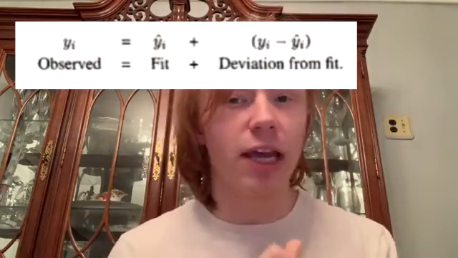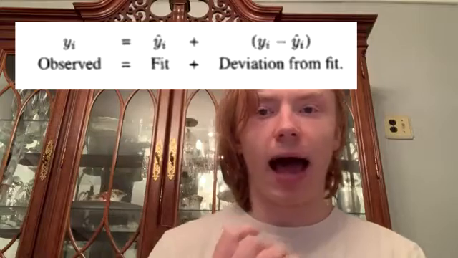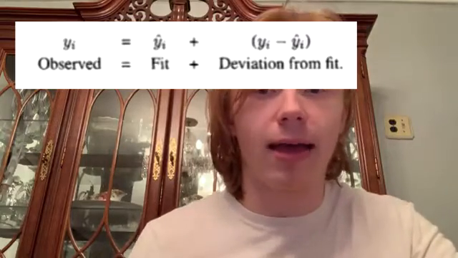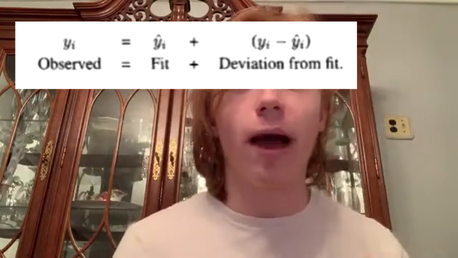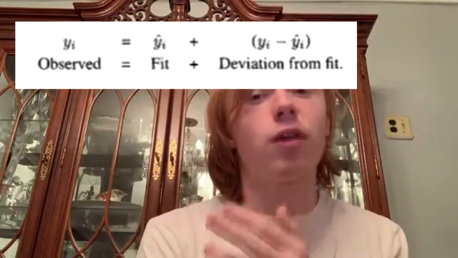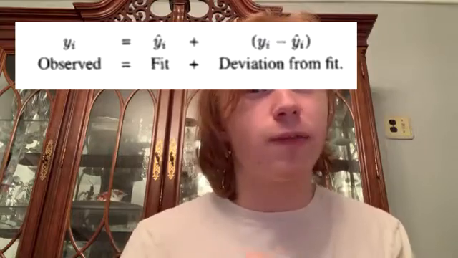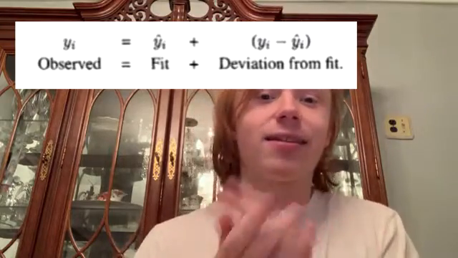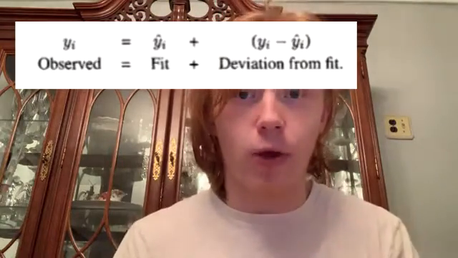To get a better visualization of what these values mean precisely, we can reformat the equation to y sub i equals y hat sub i plus the difference between y sub i and y hat sub i. This equates to the observed quantity equaling the fit value added to the deviation from the fit value.